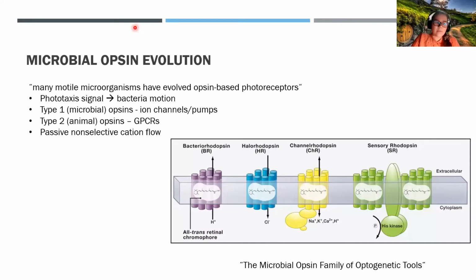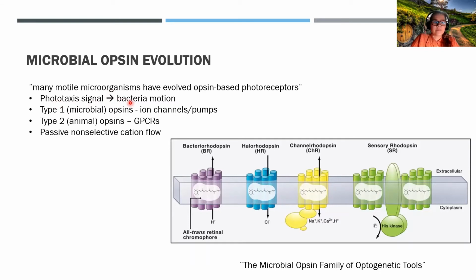Now, how did these opsins develop? As you remember from your photosynthesis lectures at school, maybe, algae and other microorganisms that photosynthesize produce energy by photosynthesis, so they need to move towards the light.